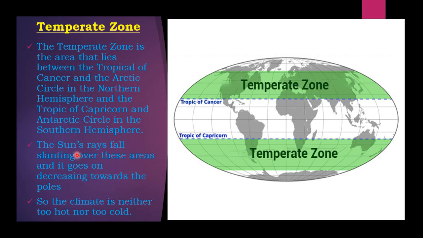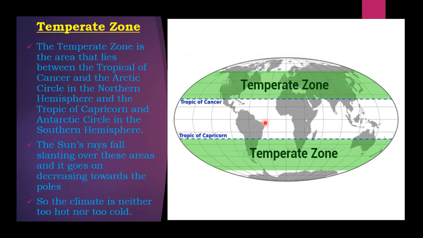See children, the sun's rays fall slanting. Slanting means not very straight over these areas, and it goes on decreasing. When the rays of the sun are slanting and do not fall directly as on the equator, the heat of the sun goes on decreasing because it is not very direct and effective.